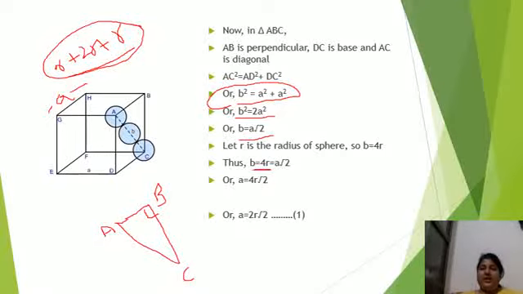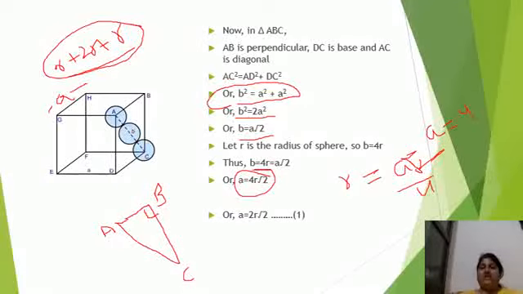So now 4r is equal to A root 2, that means A is equal to 4r into root 2. How? From here r is equal to A root 2 by 4, while A is equal to 4r upon root 2.